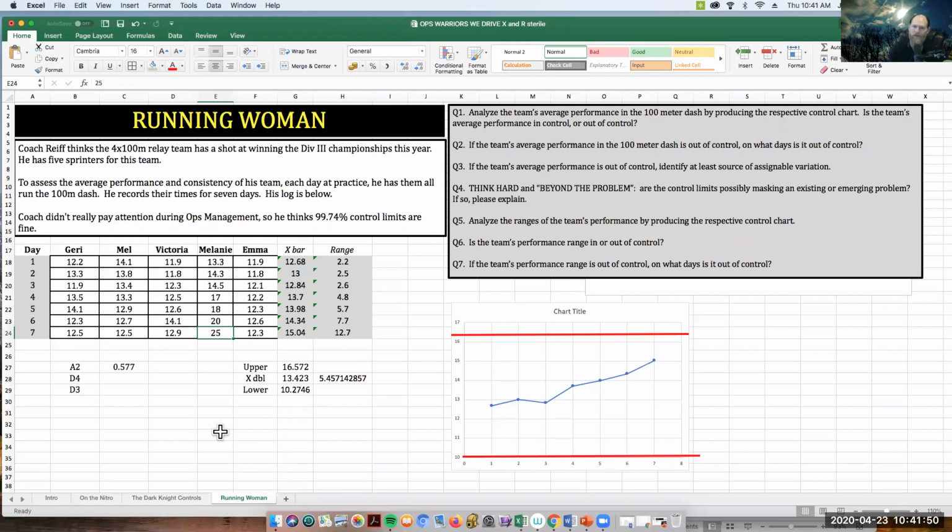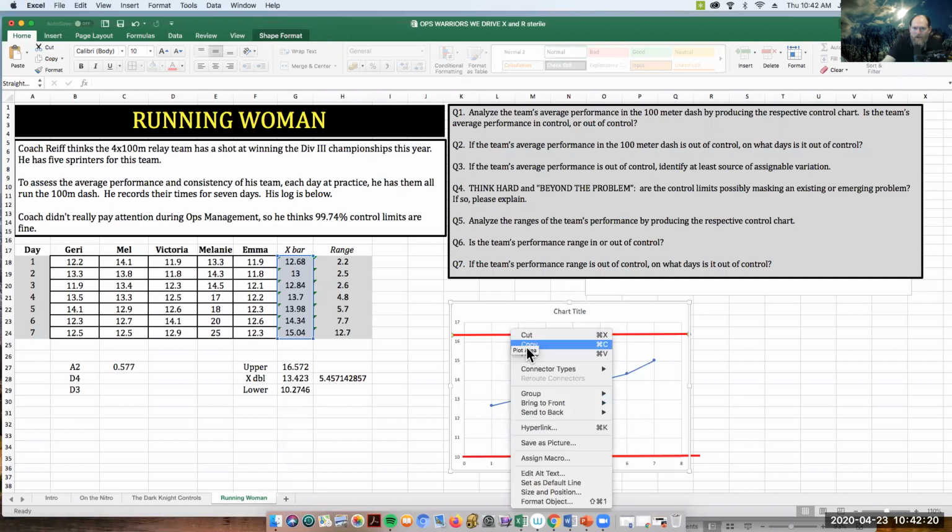And the point of this is an instance where having this wide of a control limit doesn't really make sense. So a wider control limit is not necessarily a better thing. If you really want precision, ideally, probably the Division III championship team, I'm just going to draw another line.